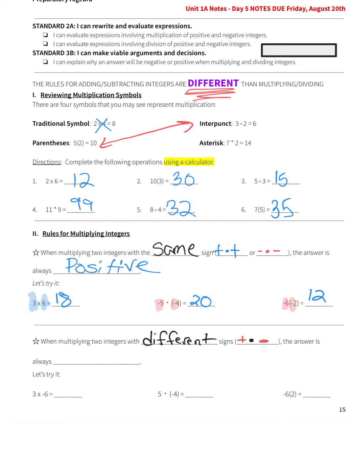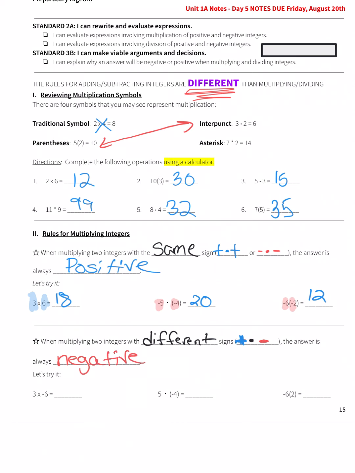All right, whoops, this one should have been blue because blue represents positive. All right, so when we're multiplying a positive and a negative, the answer is always negative. So if they're different, it's negative. If they're the same, it's positive.